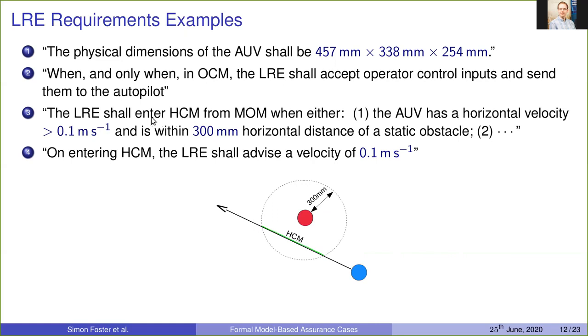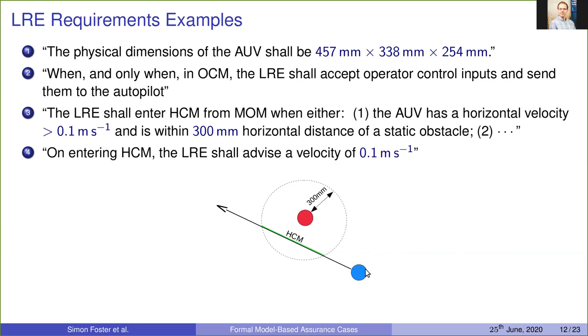This one is referring to the situation when you need to enter high caution mode. And this happens when you're getting close to a static obstacle, but not sufficiently close that you're going to have a collision. But the decision has been made that to mitigate against potential accidental collisions, the AUV should drop its speed. And this is illustrated here.